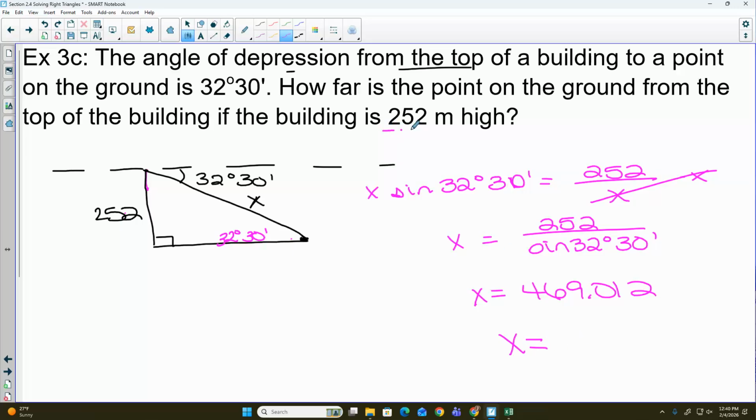So we'd say 169 meters. Any questions on that?